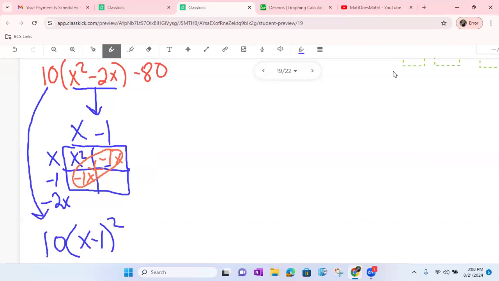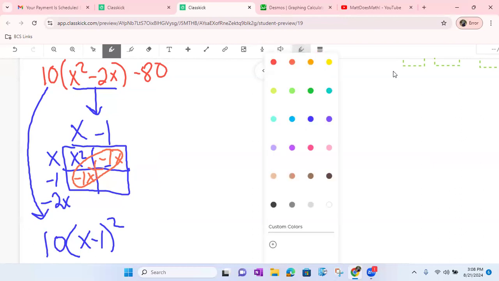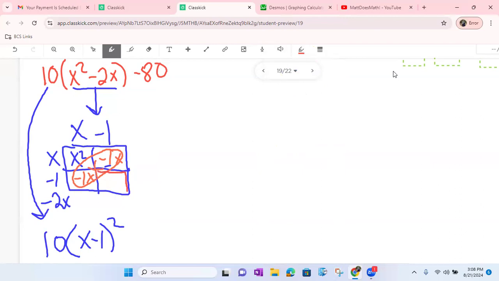Now, we do have a new issue in this situation, and the issue is simple. There is this new box there that's got a value in it that we have to pay attention to. Okay, so what goes in that box? Well, negative 1 times negative 1, which is positive 1, goes there. But this positive 1 isn't just positive 1 because this whole entire set is being multiplied by 10.